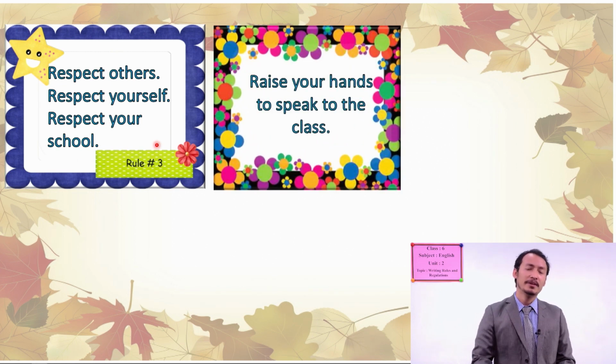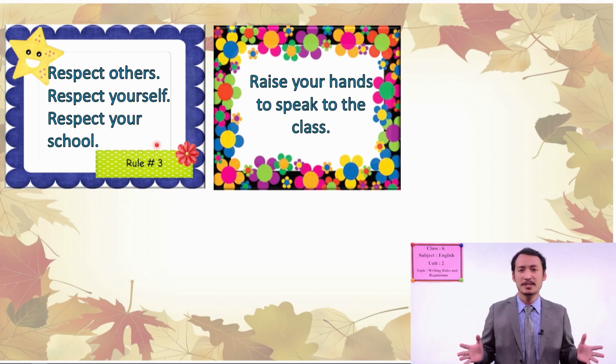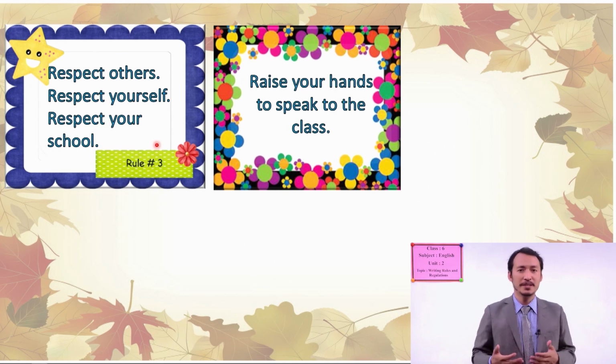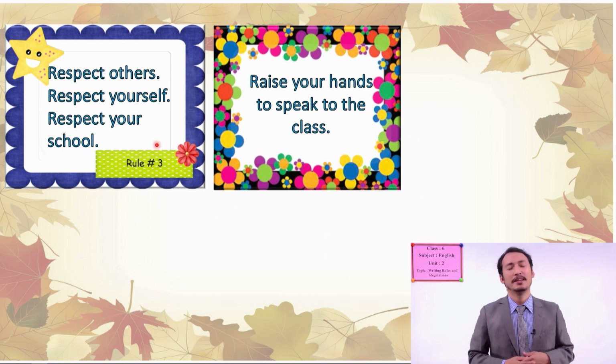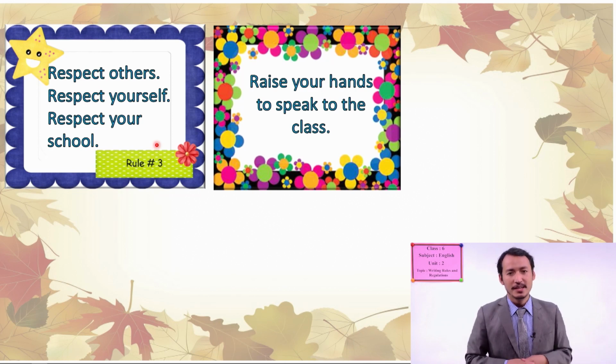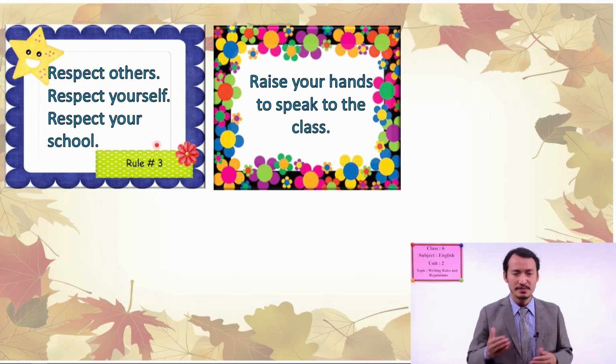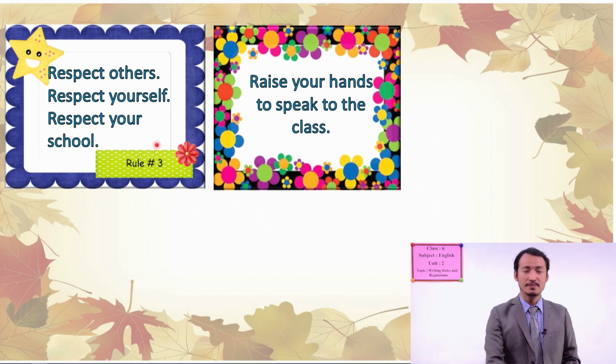You have to raise your hands to speak to the class. Okay, you should not speak whenever you like, because if you all speak at the same time, it will be a noisy classroom and no one will understand. So you have to take your turn by raising the hands. This is one of the important rules for your classroom.